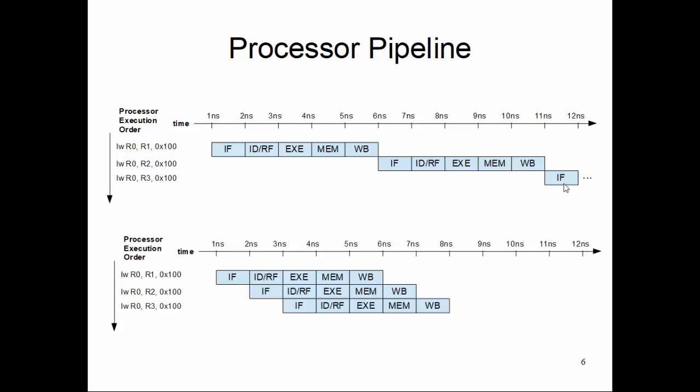Now what if we could use the laundry analogy and do this, where our instruction is executed in phases. Once the system is done with instruction fetch for the first instruction, that instruction goes to the next phase, instruction decode and register fetch. During that time we start instruction fetching of the next instruction.